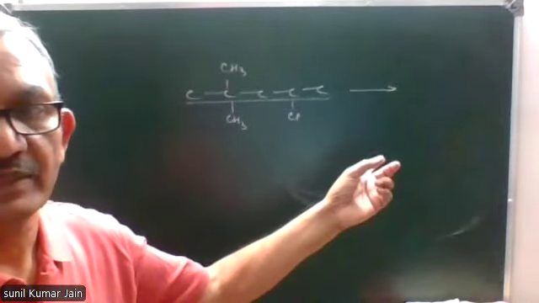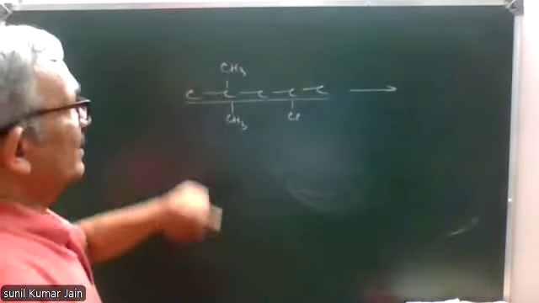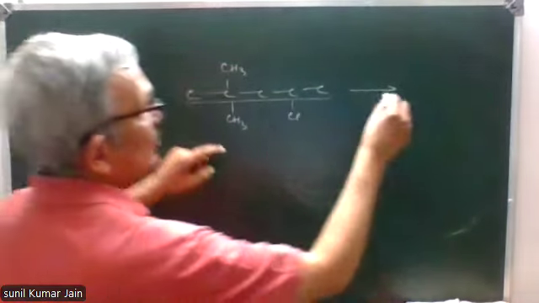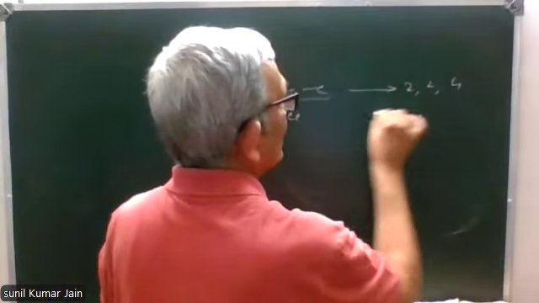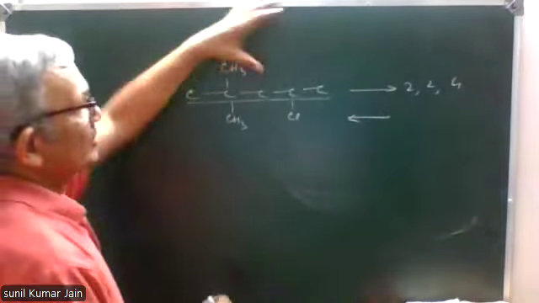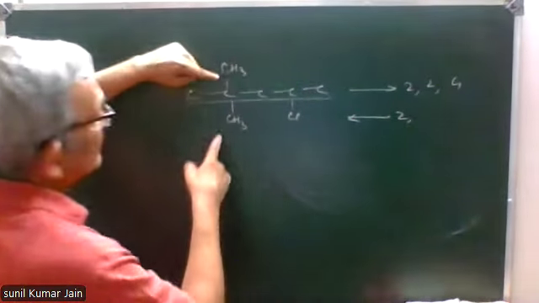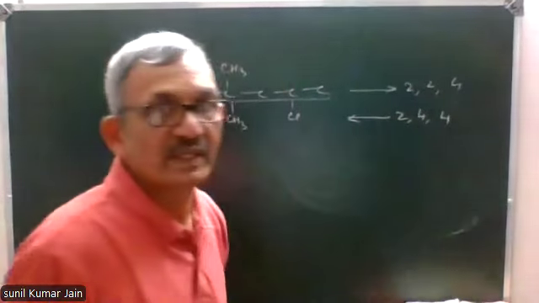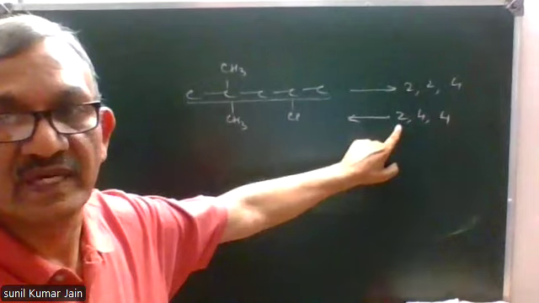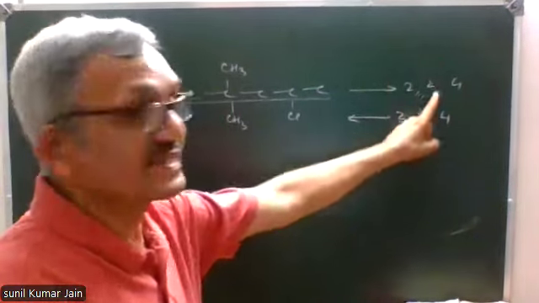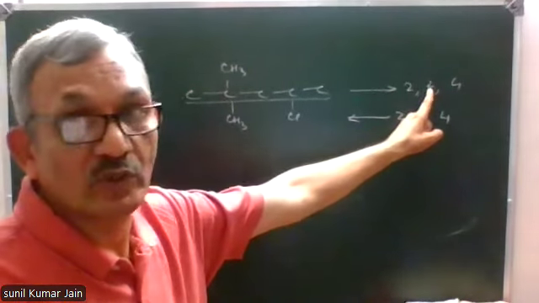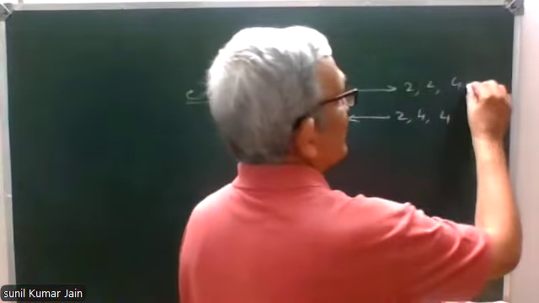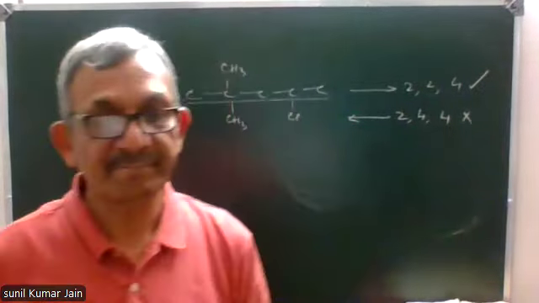If I count carbon atoms of the longest chain in this direction, positions are, this is at 2, this is at 2, and this is at 4. In this direction, this is at 2, this is at 4, and this is at 4. First locant is the same, that is 2. Then we consider the second locant. Second locant is a lower number in the first case, a higher number in the second case. So we'll count in this direction.